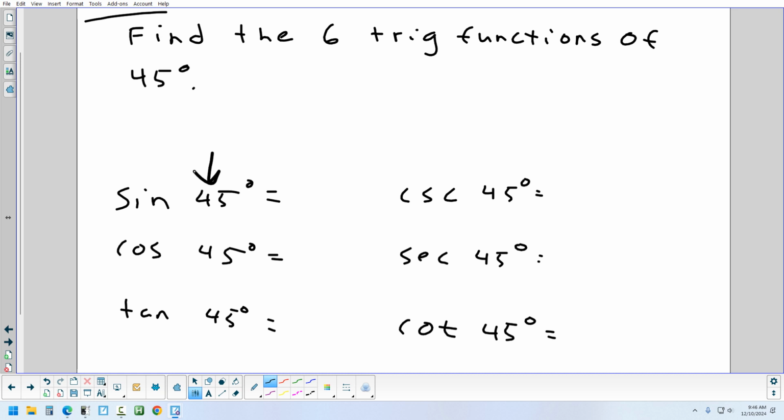So from now on, we're going to get the coordinate by using the circle. You just remember it. We're going to have to memorize that that is the coordinate for 45 degrees. So root 2 over 2, comma, root 2 over 2. Okay, so let's start with the sine. How about, Ben, what's going to be the sine of 45 degrees?